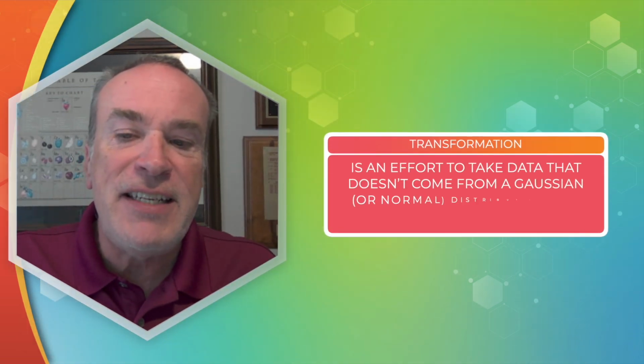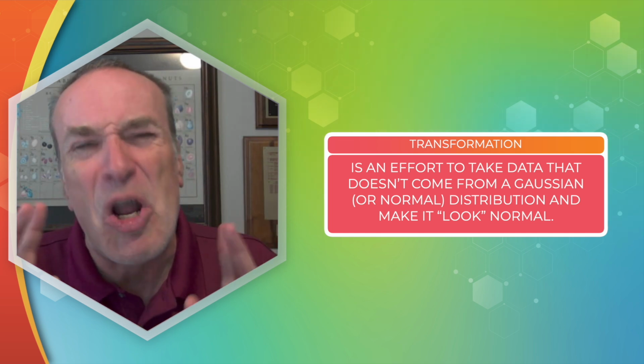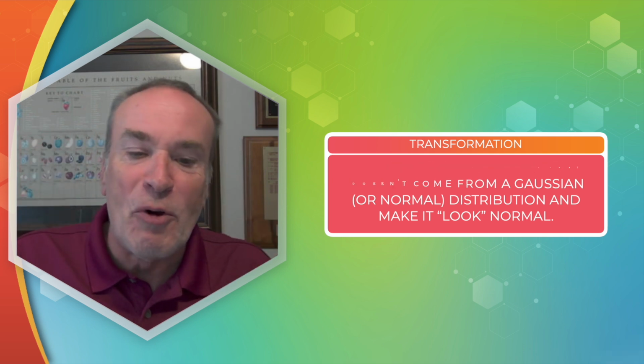In this episode of Street Stats, we're going to talk about a concept that seems to be a fascination to so many people. That is transformation of data. Now, transformation is an effort to take data that doesn't come from a Gaussian, that's a fancy term, normal distribution, and make it look normal.